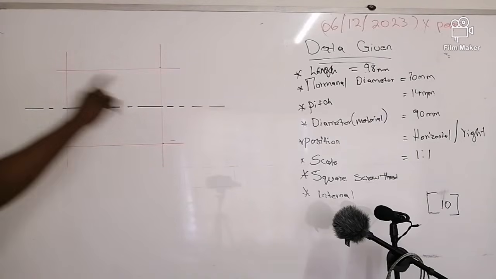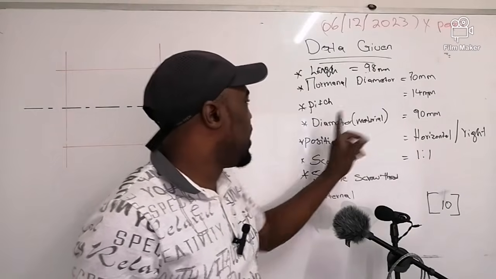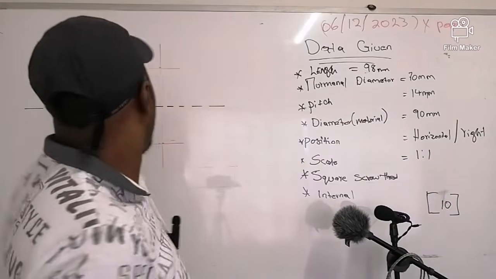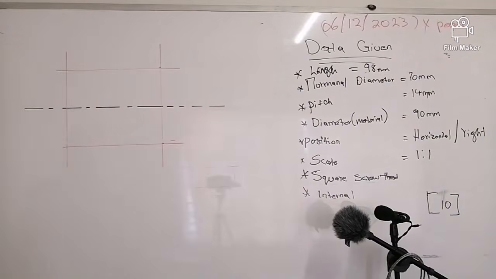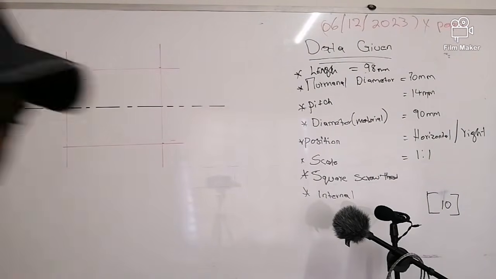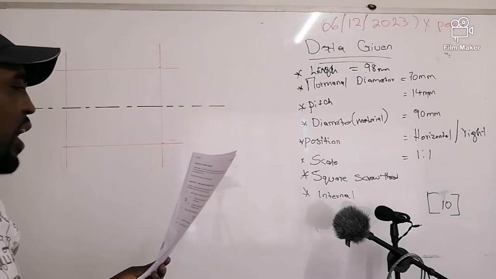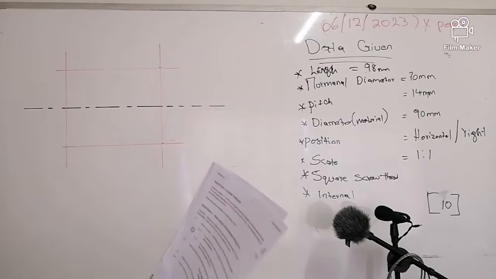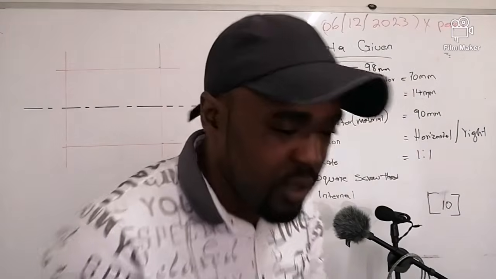From here till there is 90 millimeter, which is the diameter of the material, and from here till here is the length, 98. What is followed by what now? Followed by the nominal diameter of 70 millimeter.